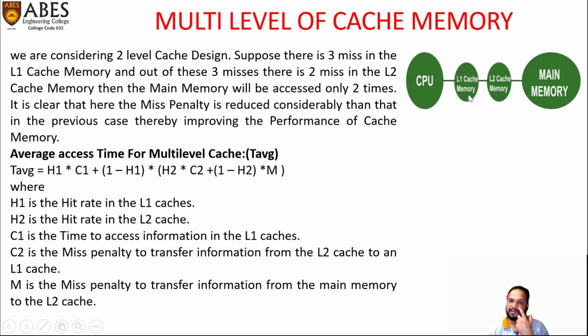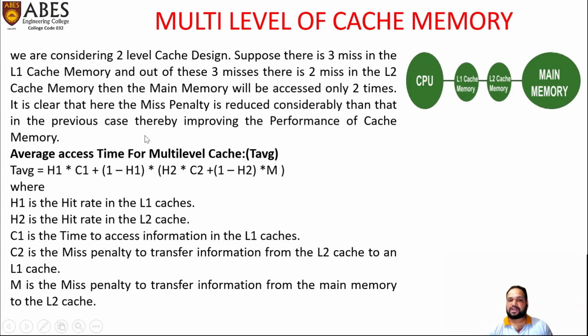If the data is not present in the L1 cache, it might be present inside the L2 cache. And if it is not found in the L2 cache, it might be present in the L3 cache. And even if the data is not present in any cache memory, then it is obvious that one needs to search the main memory, which is a slower access, but we have to use it.